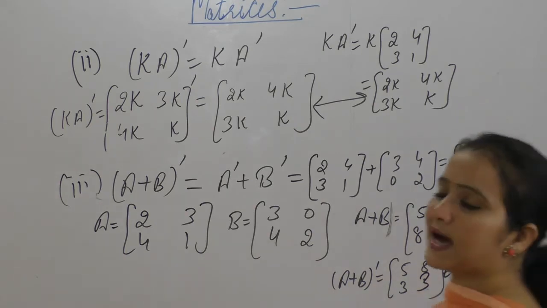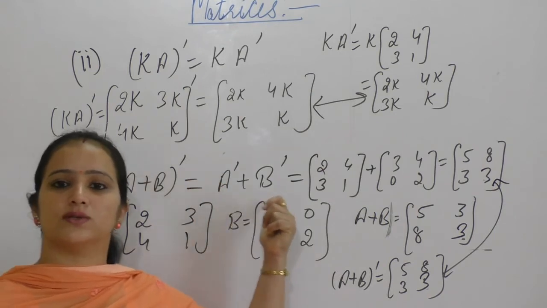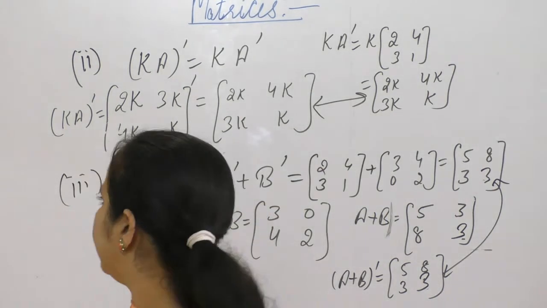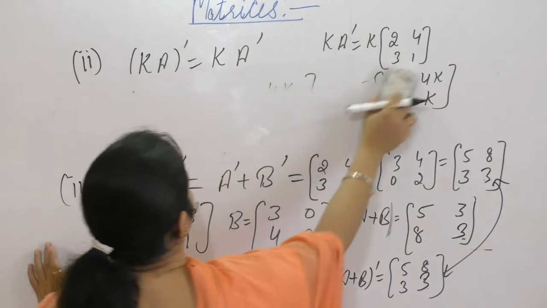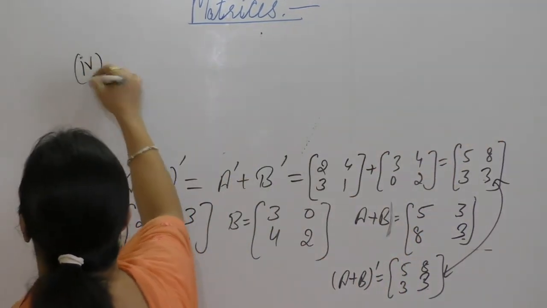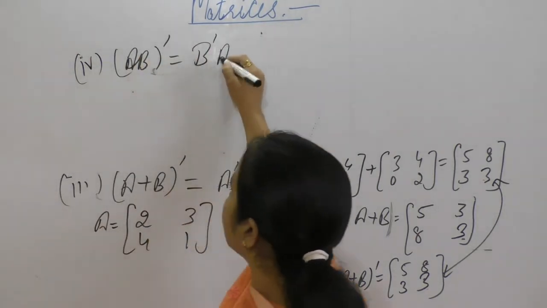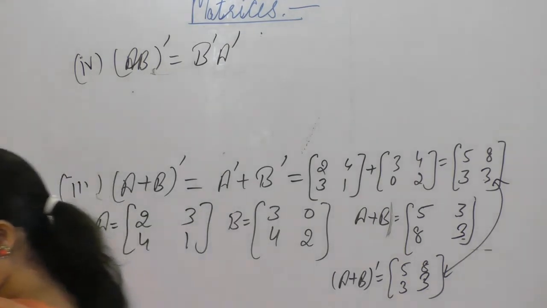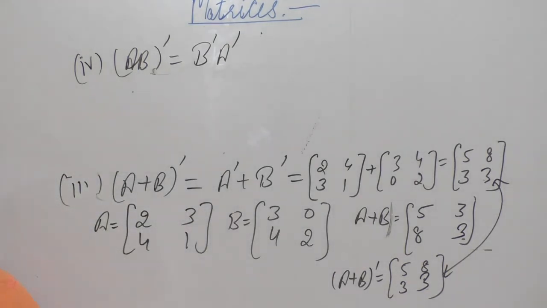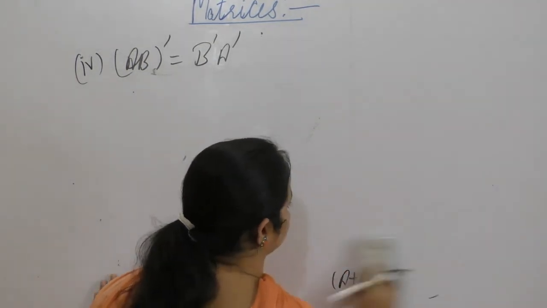These two matrices are equal. Therefore, A plus B transpose is equal to A transpose plus B transpose. Next, the fourth property is A into B transpose is equal to B transpose into A transpose. You can verify it by taking any example.